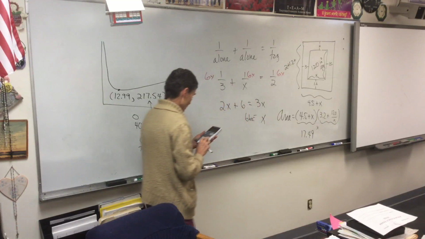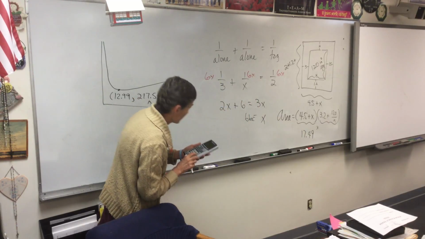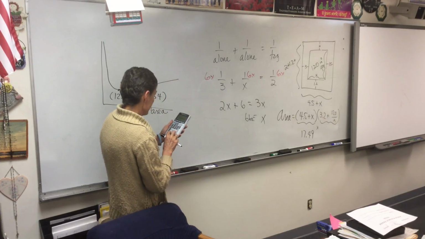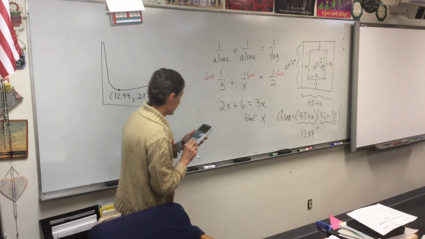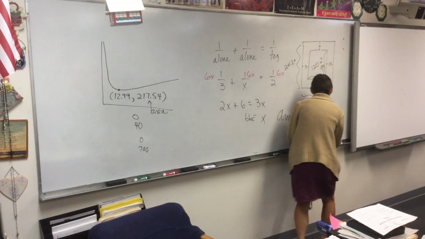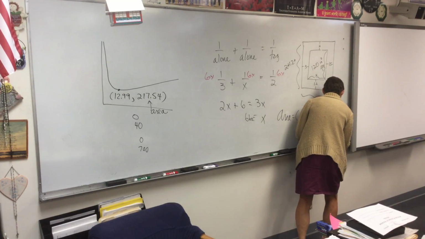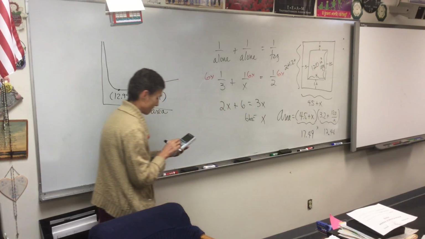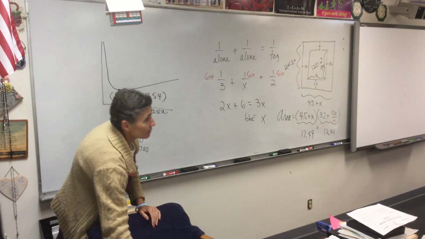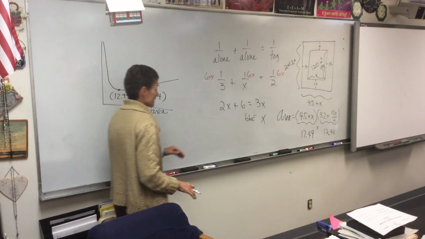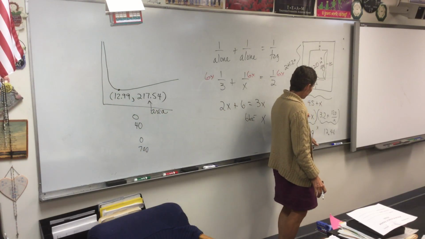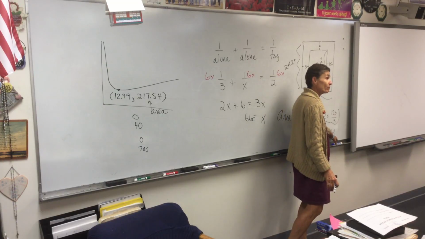And then the other one is about 12.43 or 44. So the size of the paper is 17.49 by 12.44.